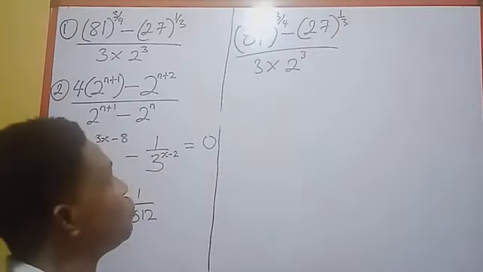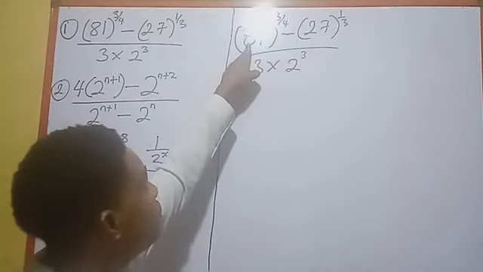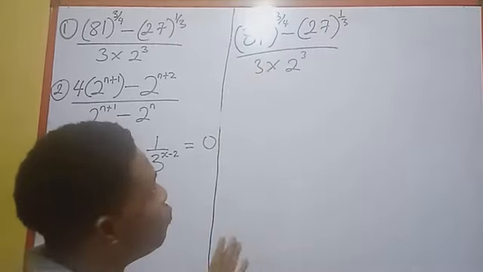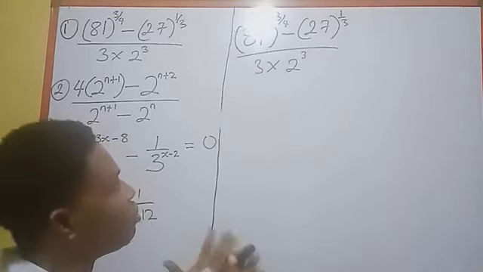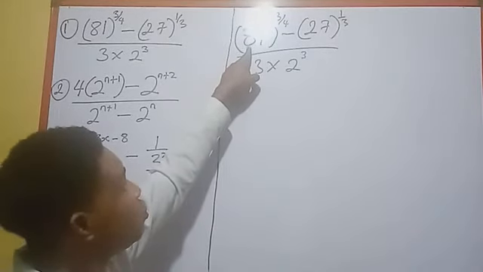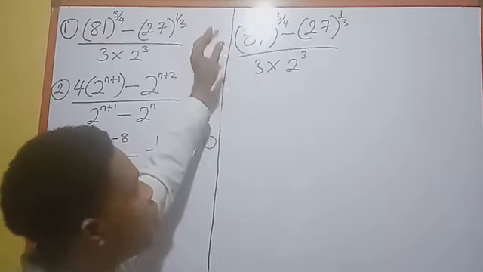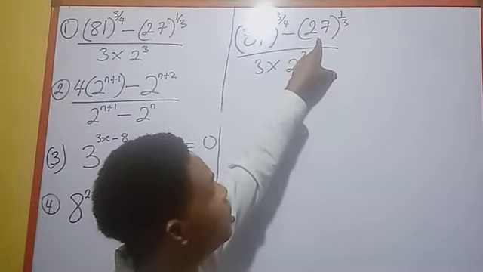Without any doubt, you should know that this is indices because you can see that the base is raised to a power. Now, to solve problems on indices, what you do is try as much as you can to convert every number to index form. This 81, you try to express 81 in index form. Also 27, you will try to express 27 in index form.